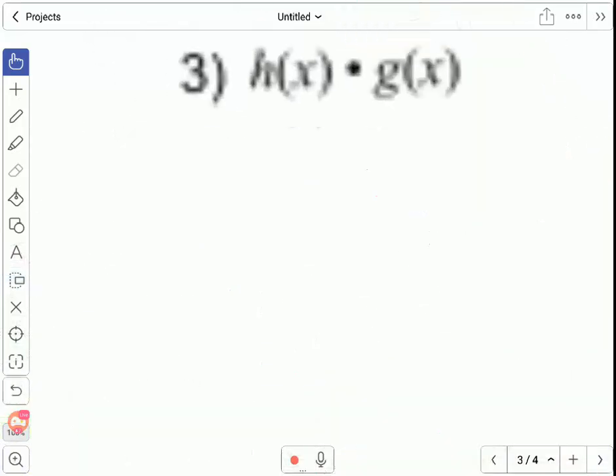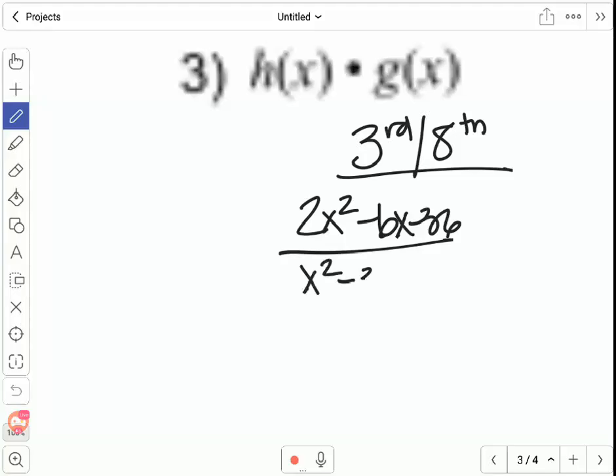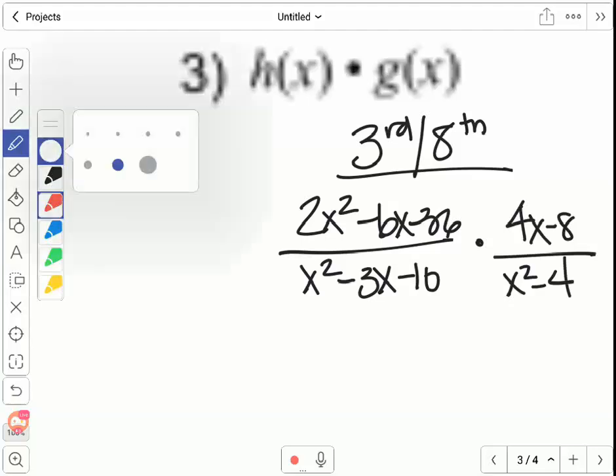And again, because it's got h of x in it, I'm going to have to do it twice. My request actually was from someone in 8th period, so I'm going to do this for 3rd and 8th first. So I have h of x, which is 2x squared minus 6x minus 36 over x squared minus 3x minus 10, times g of x, which is 4x minus 8 over x squared minus 4. I need to factor everything, and at this point hopefully you've figured out how all this factors, because it keeps factoring the same way over and over again.